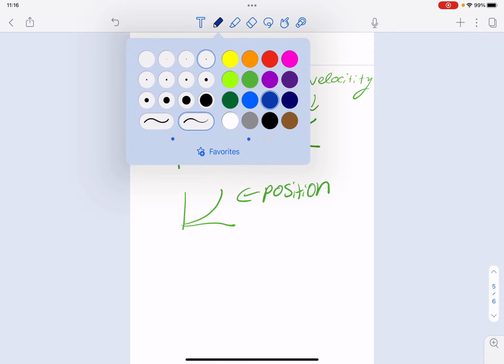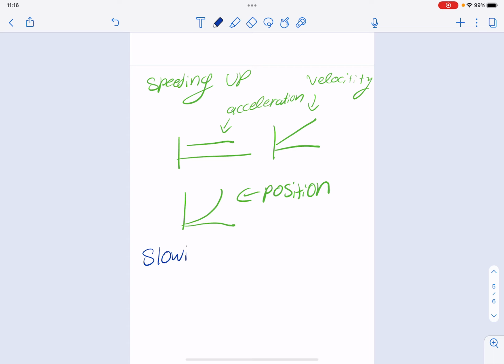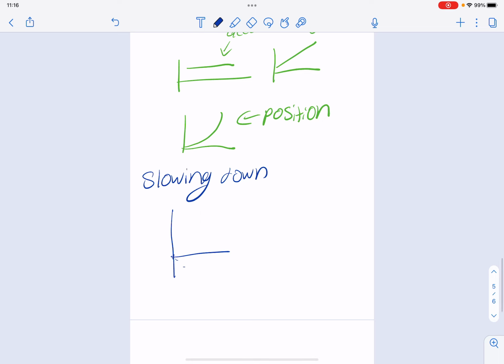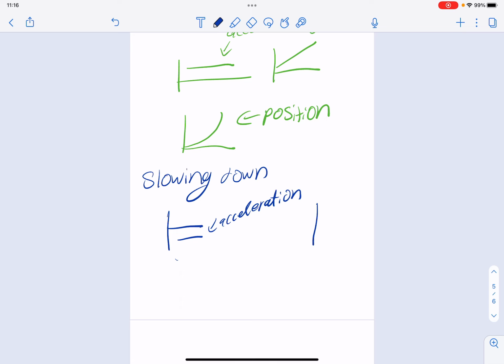Now if I had something slowing down, we would have a negative acceleration. Let me redraw this. We would have a negative acceleration. We'd have our velocity decreasing towards 0.